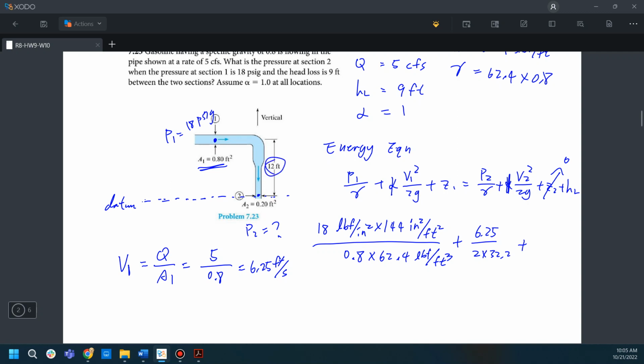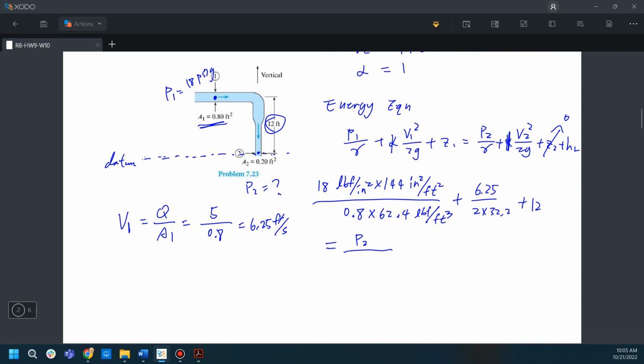Z1 is 12 feet. Okay, so 12 here, and this will equal P2, which is the variable we try to solve, times the specific gravity times 62.4 for the gamma value, plus the velocity. And again we can apply the same equation, that's Q divided by A2, and this is 5 divided by A2, which is equal to 0.2.